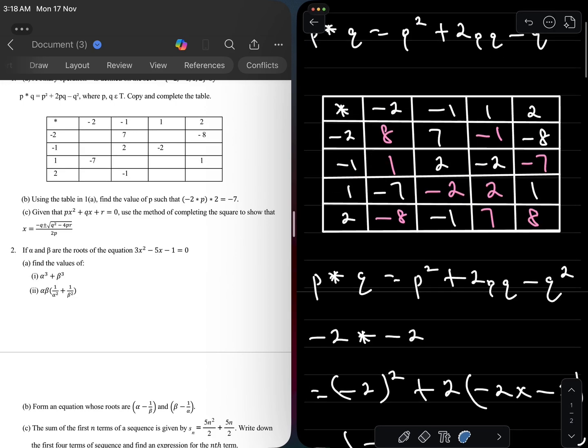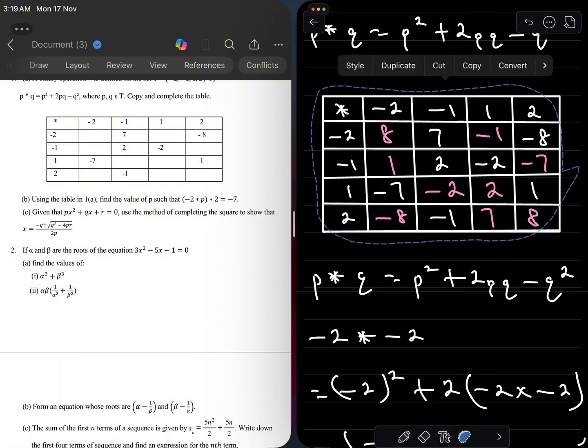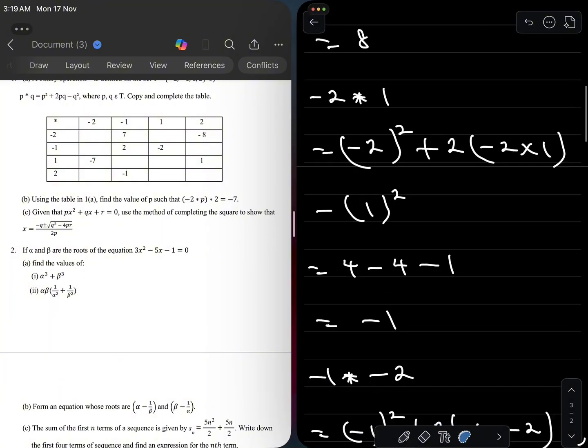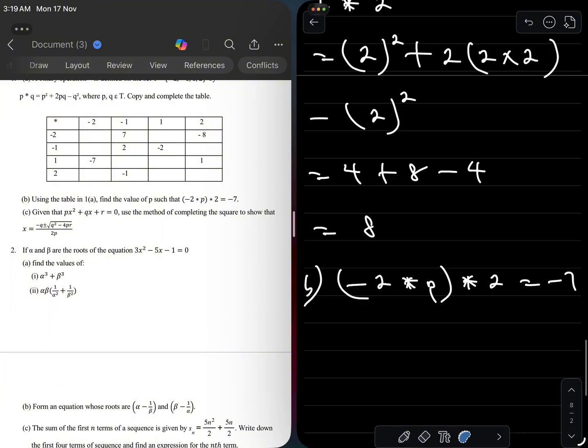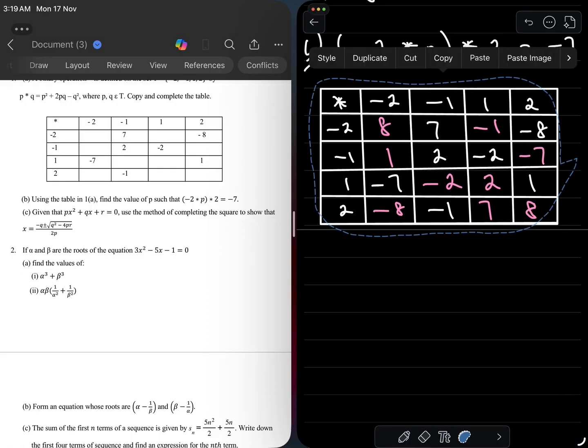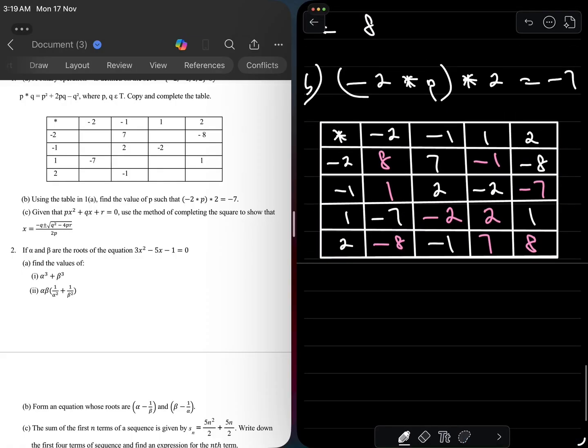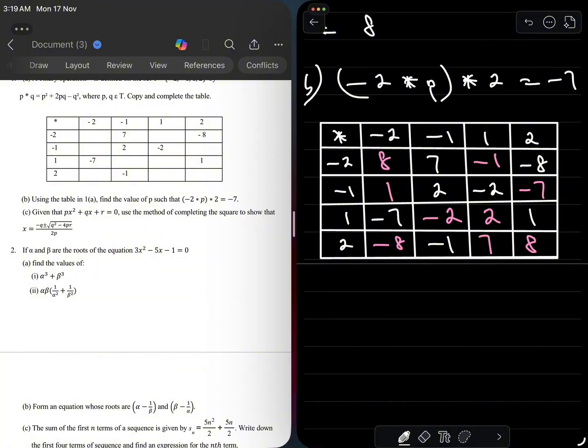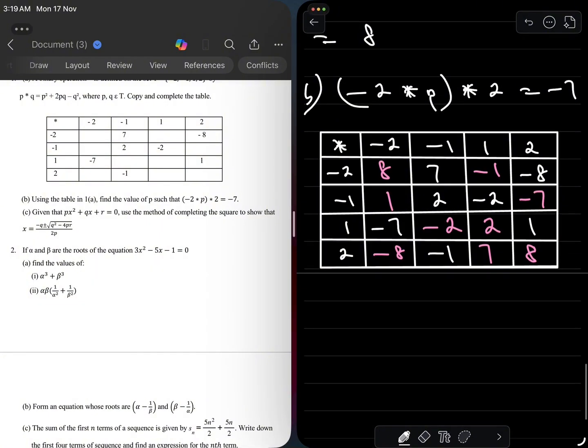Let's bring the table down. This is the table. Now we have the table here. Minus 2 asterisk p asterisk 2 is equal to minus 7. First of all, this is what we do.